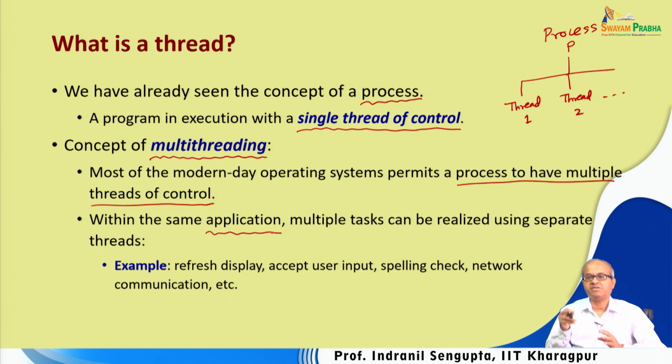Now, in a word processor, when you type something, when you do some formatting, when you do some spelling check, so many things you are doing, right? As you are typing something, grammar check and spelling check are carried out automatically. In case of some apparent errors, some words are underlined to warn you to please check the spelling and so on. So, there are so many things happening together, which possibly you are not aware of.